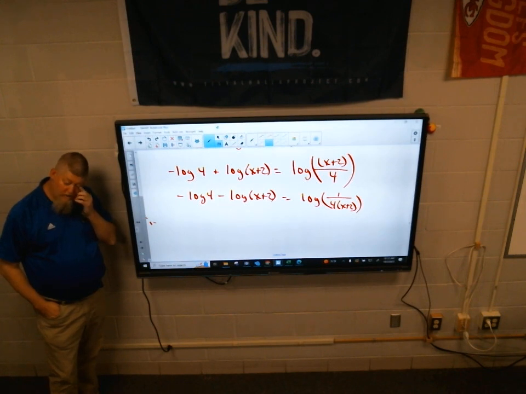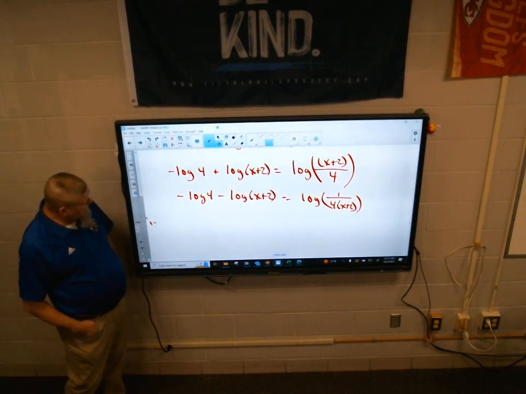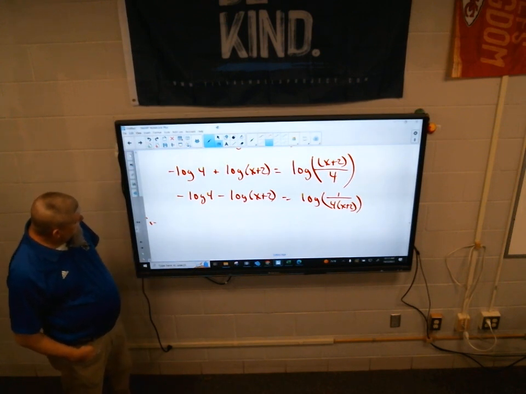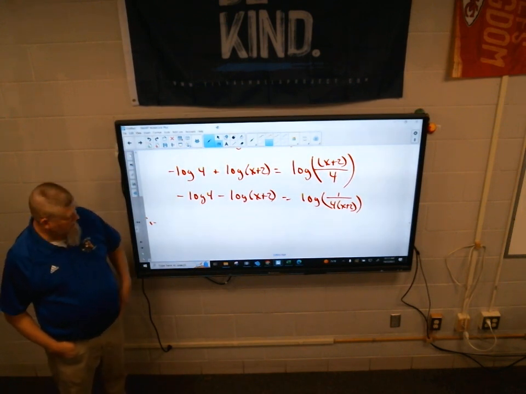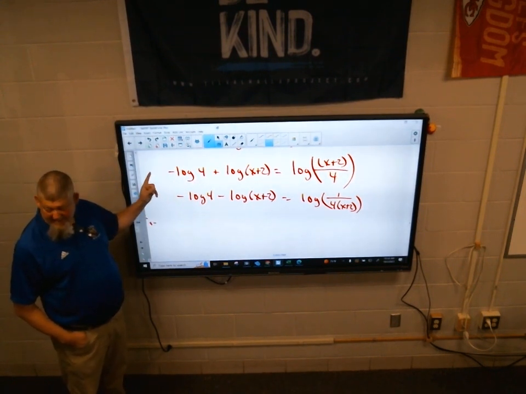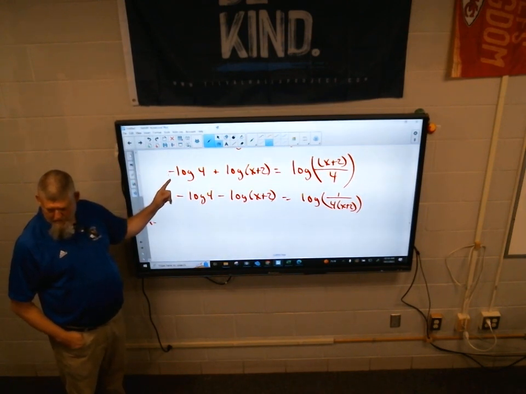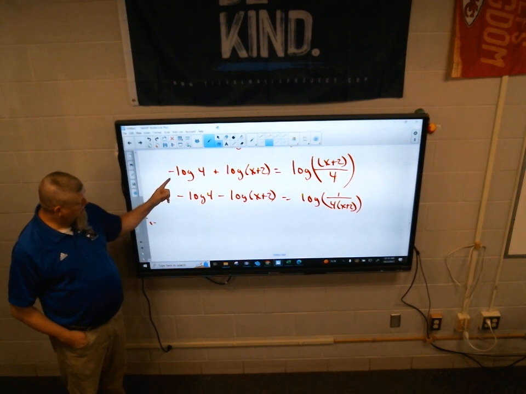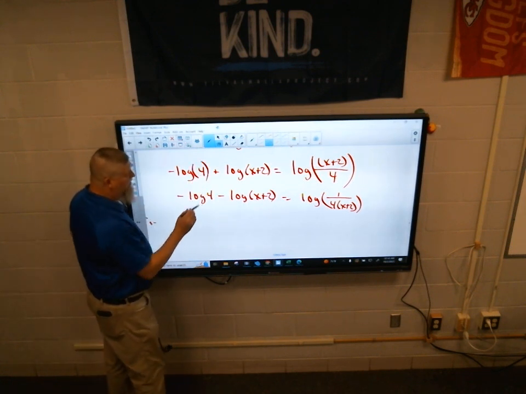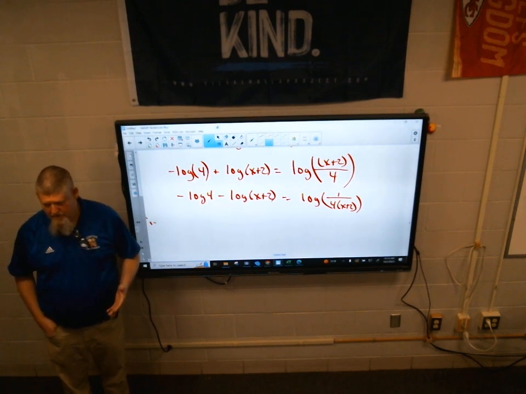And then in the last one, it's not negative, it's positive. That's a positive 4. I know, but it has the negative by it. It's a negative log, it's not negative 4. Remember, this number here, what's the requirement on that? That number can never be negative, ever.